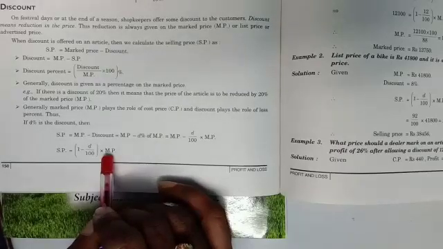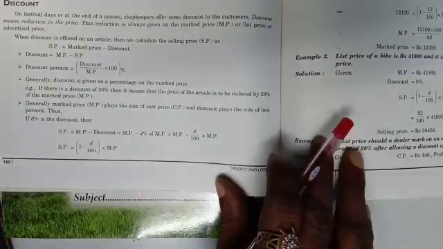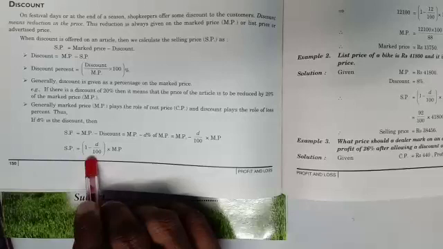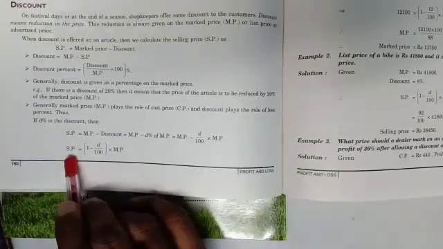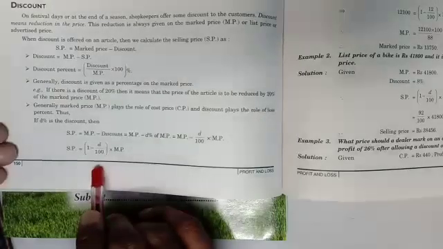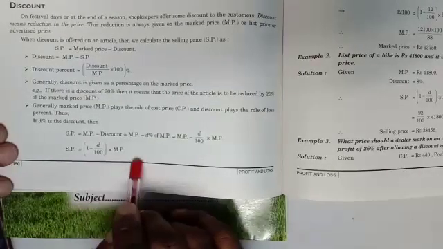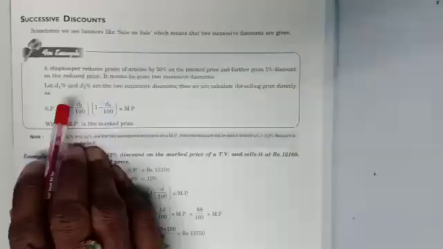If only one discount is given here, D, then you can easily apply the formula. Selling price is equal to 1 minus discount percentage D by 100 whole into MP. Let us see the next one.